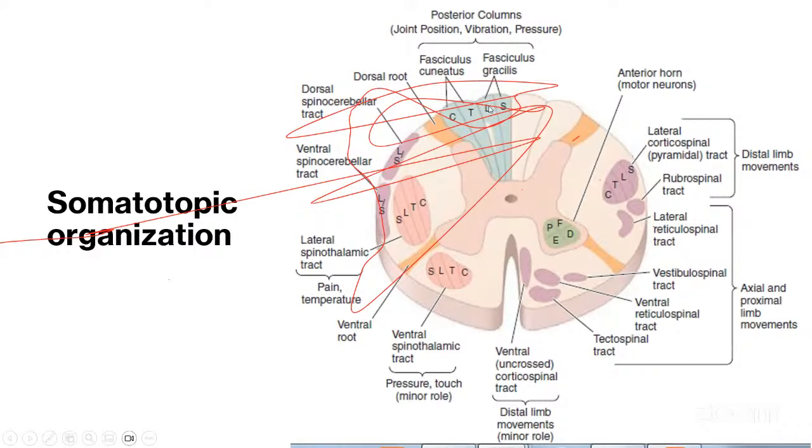This is one of the reasons why, in an intramedullary lesion, the fibers affected will be the cervical fibers, so there will be sacral sparing. Because of this somatotopic organization, sacral sparing will be there in intramedullary lesions.